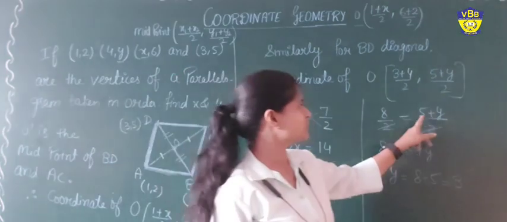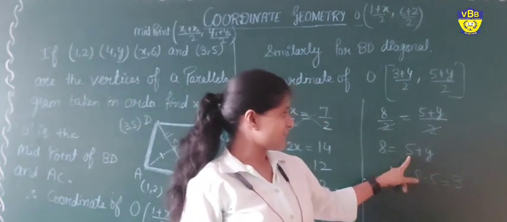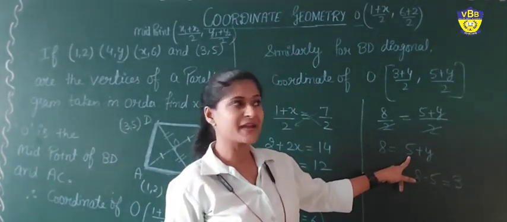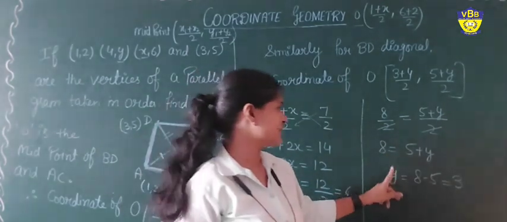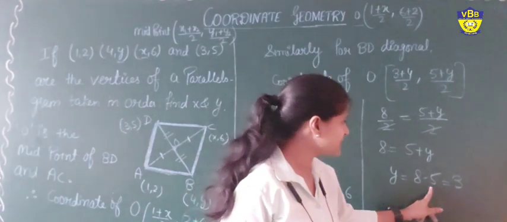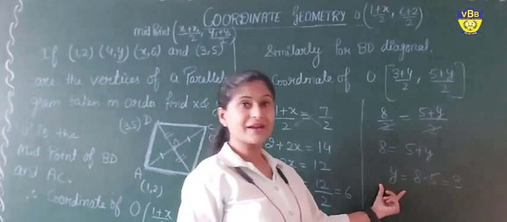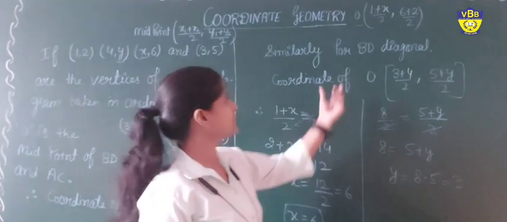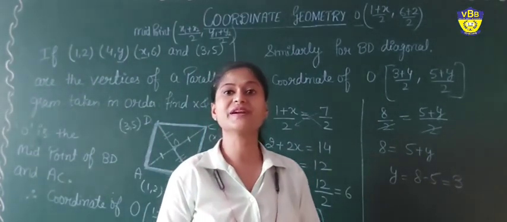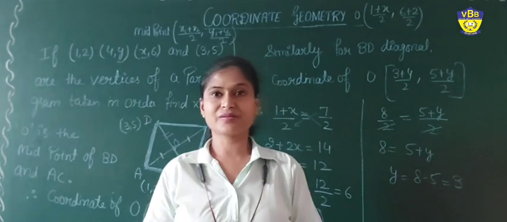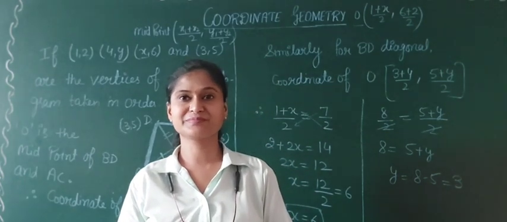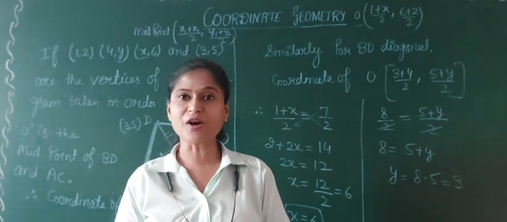So 8 is equal to 5 plus y. When we transpose 5 to the left side, it becomes negative, so 8 minus 5 is 3. So the required value of x is 6 and y is equal to 3. Hope it is clear to all. Thanks for watching the video.